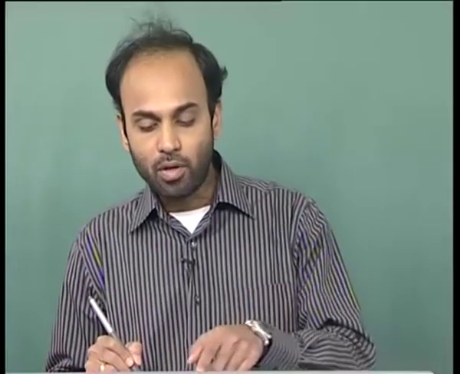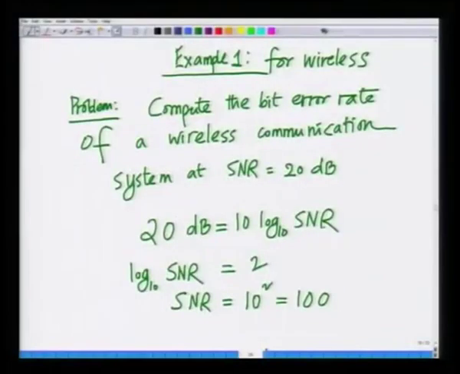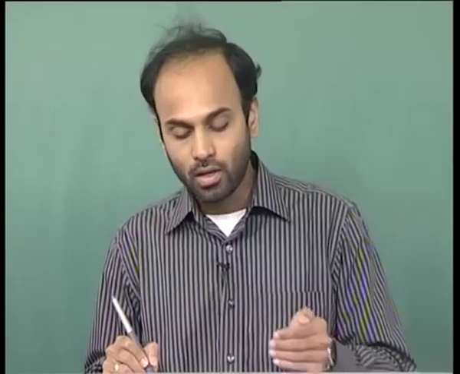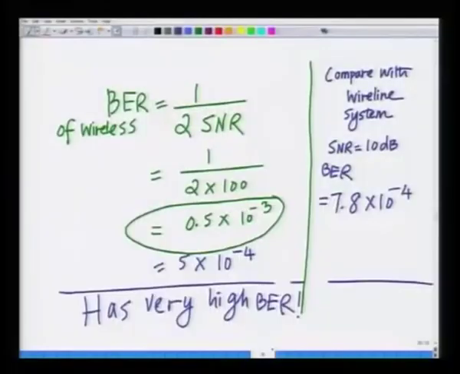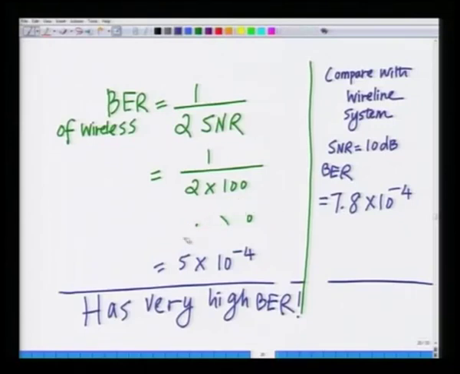I also did an example where I said compute the bit error rate of a wireless communication system at an SNR of 20 dB. 20 dB SNR corresponds to 10 square or 100 in terms of linear SNR, that is, if the SNR is 20 dB, the SNR is 100 in linear SNR. There is a slight typo in this, so let me correct this right now. The bit error rate is 1 over 2 SNR, SNR is 100.